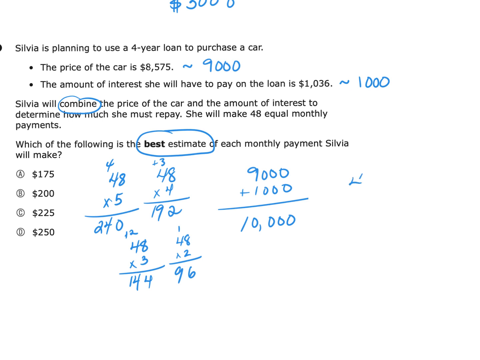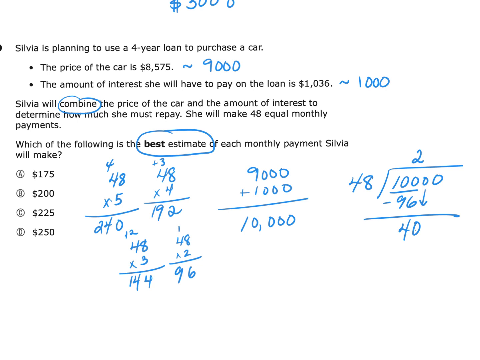So when I divide, obviously I can't divide 10 by 48, but I can do 100 divided by 48. And we notice here that 2 times 48 is 96. When I subtract that, I'm left with 4. Bring down the 0.